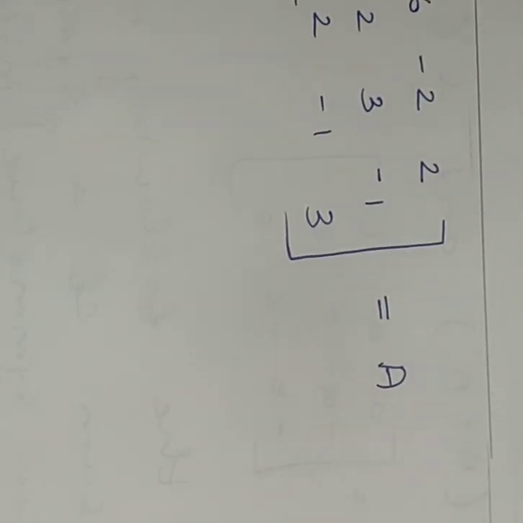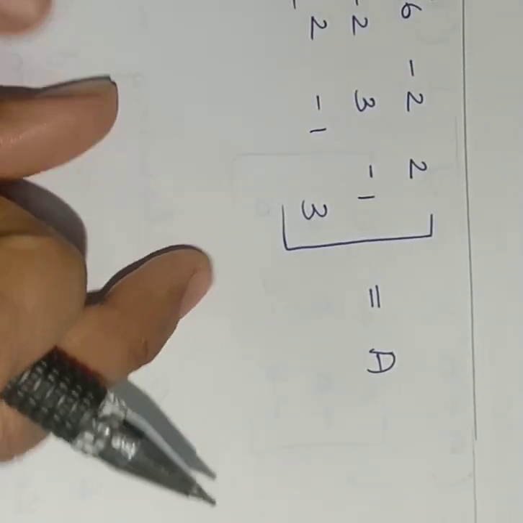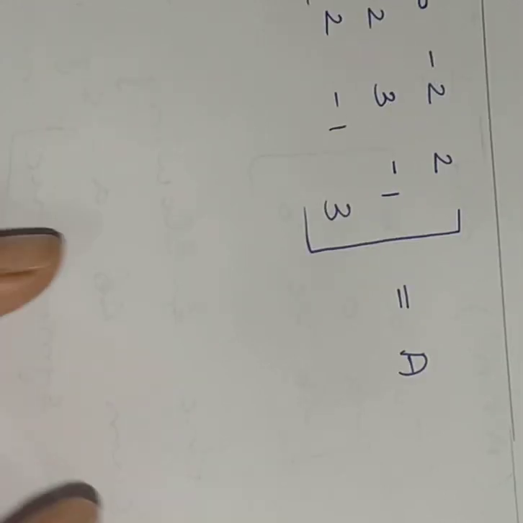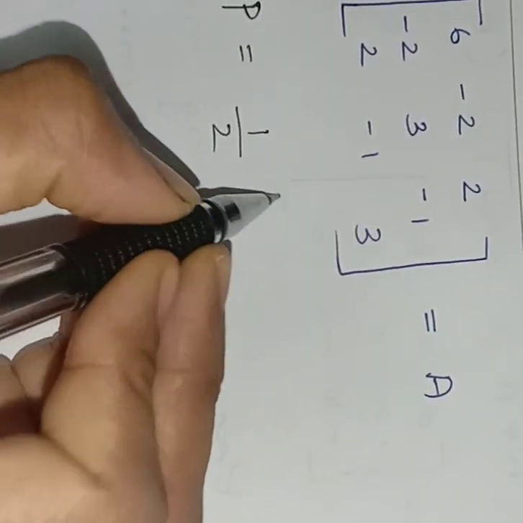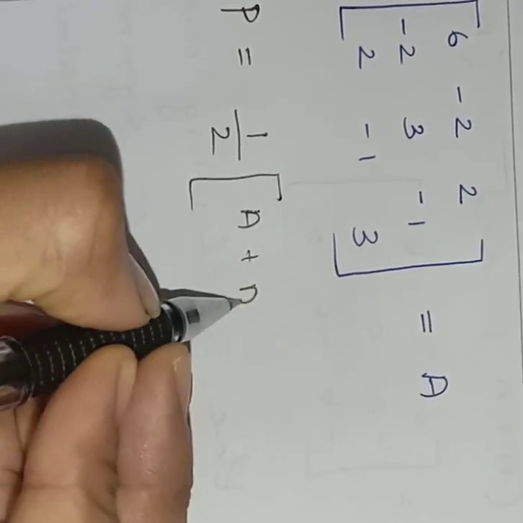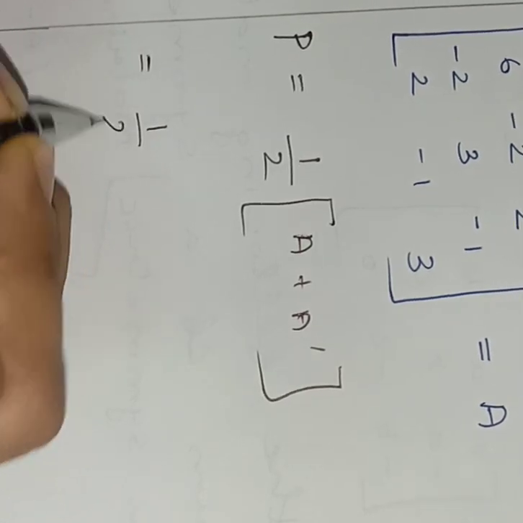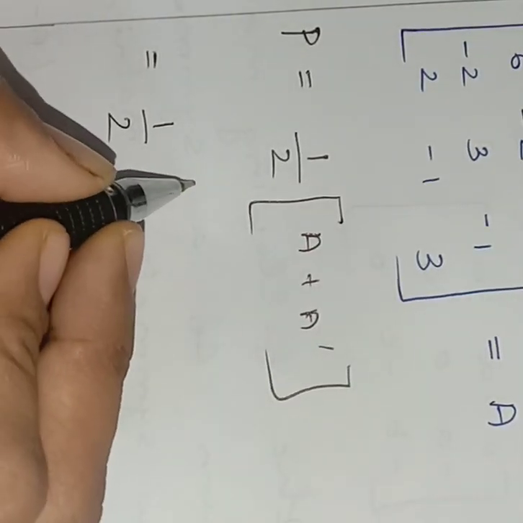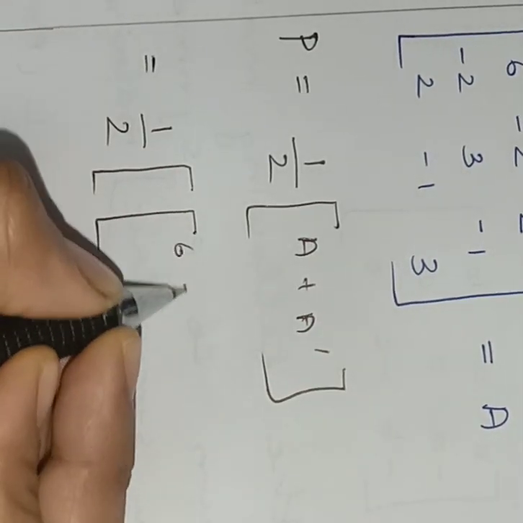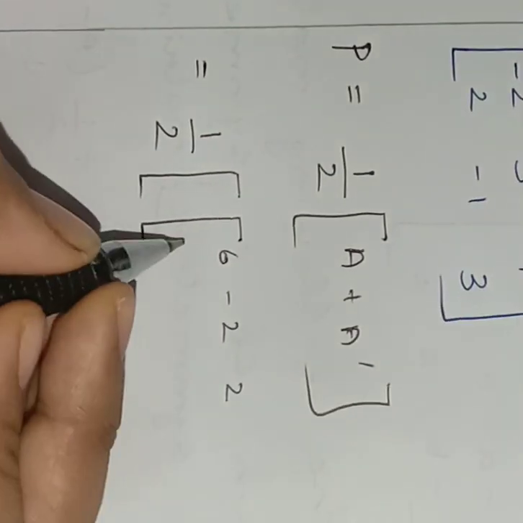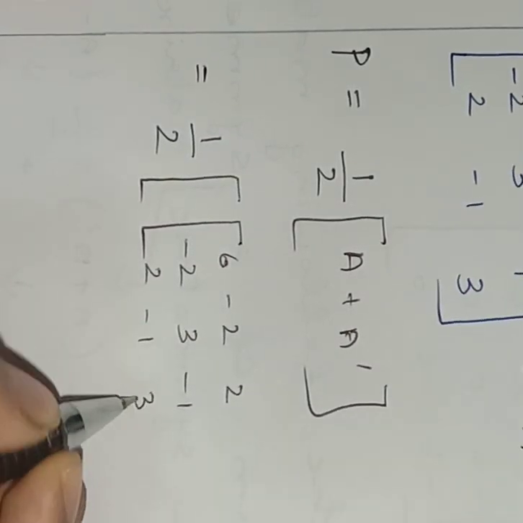Now can we do the same for a 3 cross 3 matrix? Here also we are going to express this as a sum of symmetric and skew symmetric matrix. So what is P? Half A plus A dash. So half, 6, minus 2, 2, minus 2, 3, minus 1, 2, minus 1, 3.